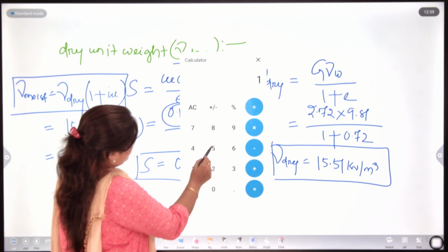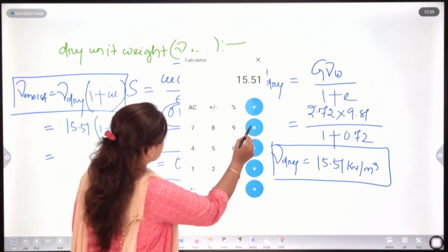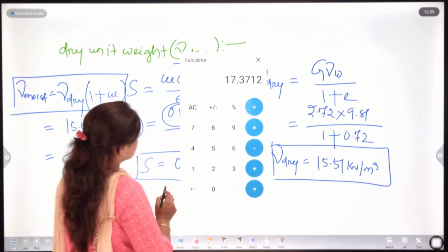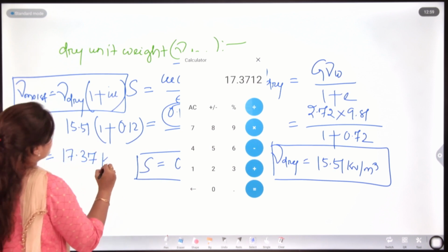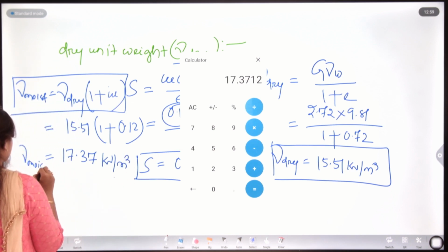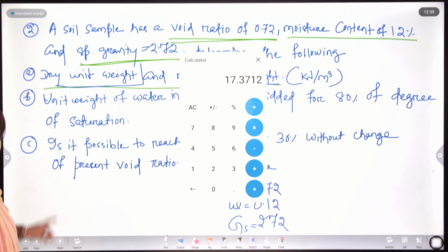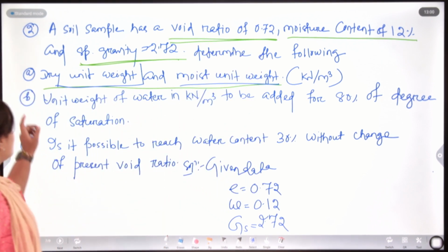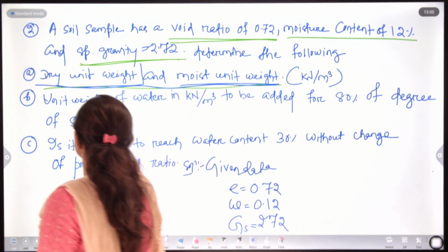So 15.51 multiplied with 1.12 gives 17.37 kilonewton per meter cube, which is your gamma moist. So let us understand the question here; we have found this one. Next, understand what is asked in question B.